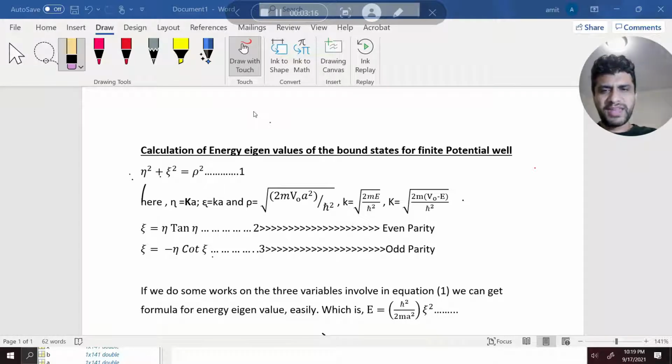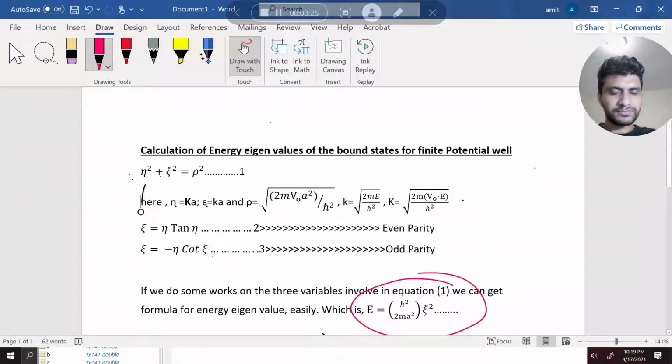If you do a few steps of mathematics from equation 1 and the values of rho, small k and capital K, you will get an expression for the energy like this. This shows that your energy depends only on the width of the potential well and the value of xi, this value. The width of the potential is usually given, or you can fix yourself how much width you are going to take.